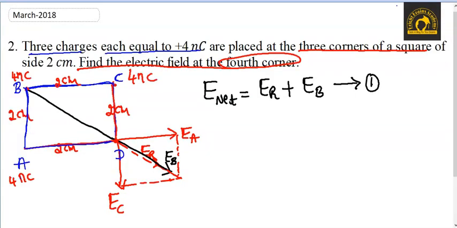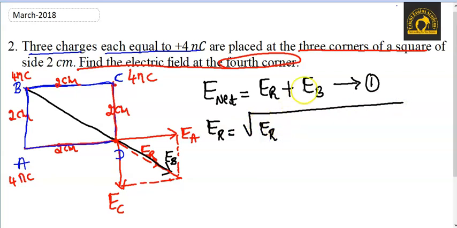The resultant electric field is equal to square root of EA square plus EC square plus 2 EA EC cos theta.